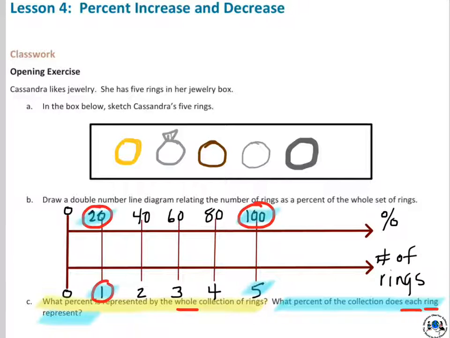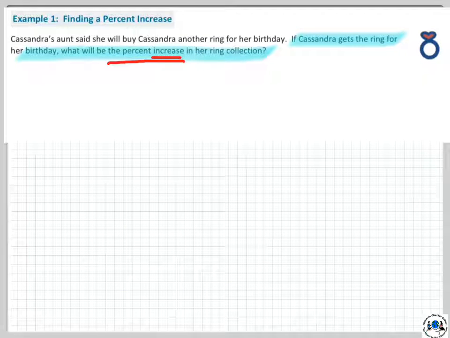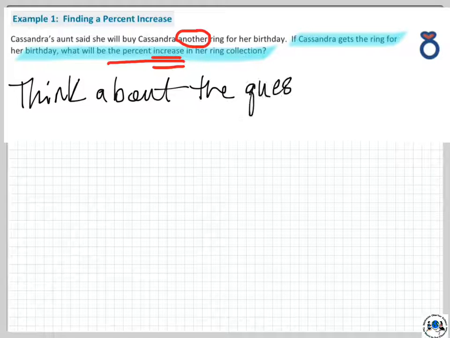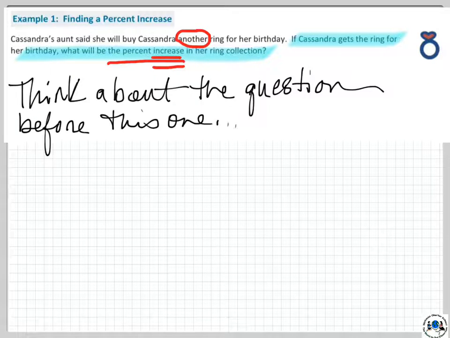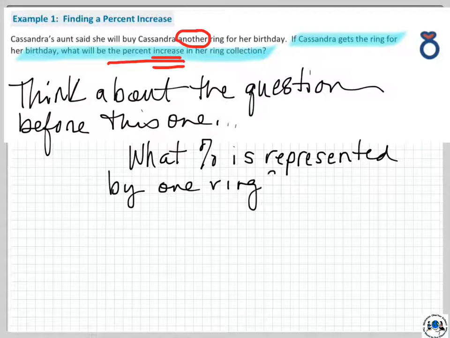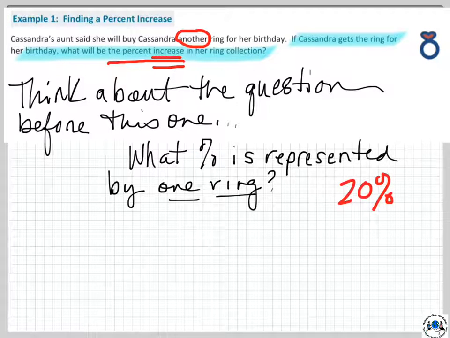So what percent is represented by one ring? We answered that question, and that was 20%. So each ring in this collection is worth 20%.